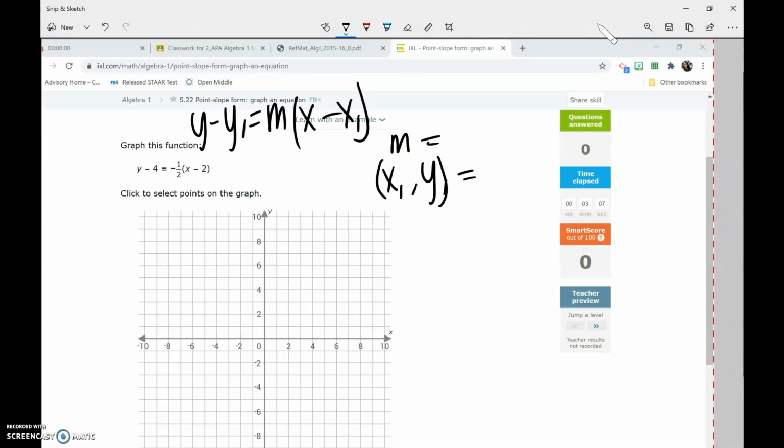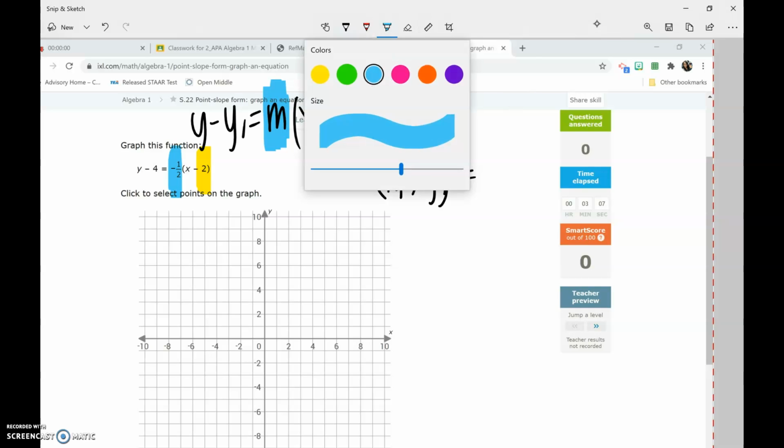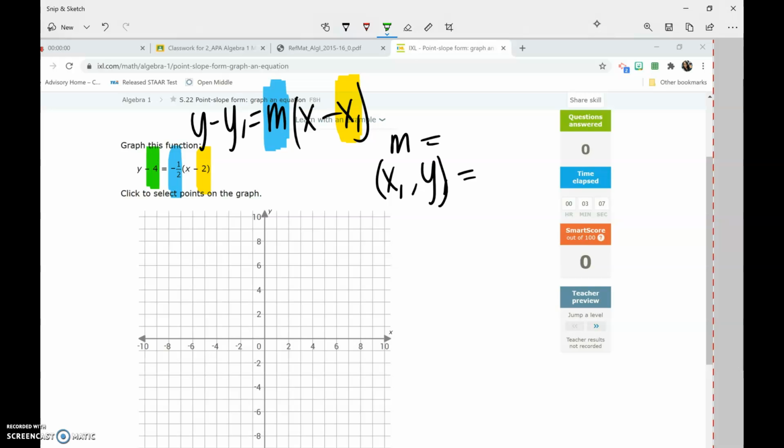All right, so my slope is here. My x1 coordinate is here. And my y1 coordinate is going to be here. So when I write it out, my slope is -1/2, and my point is going to be 2, 4.